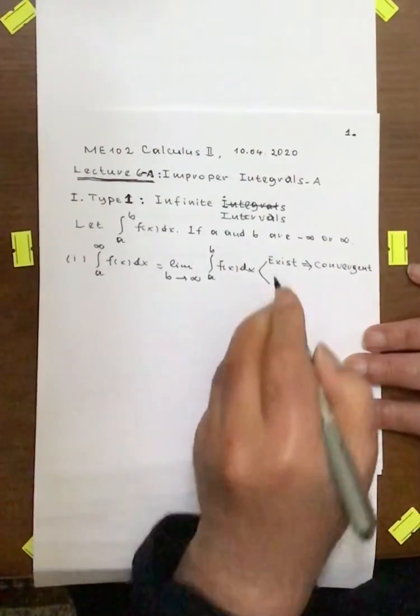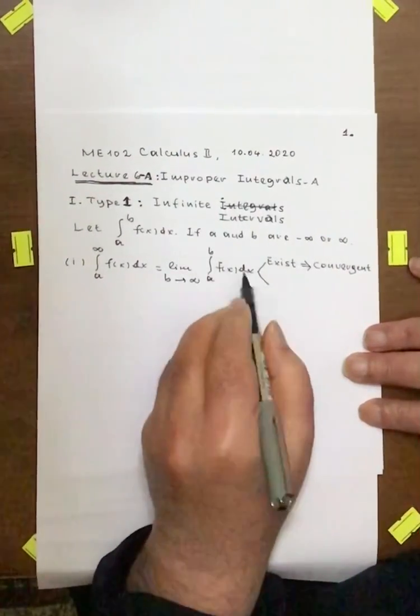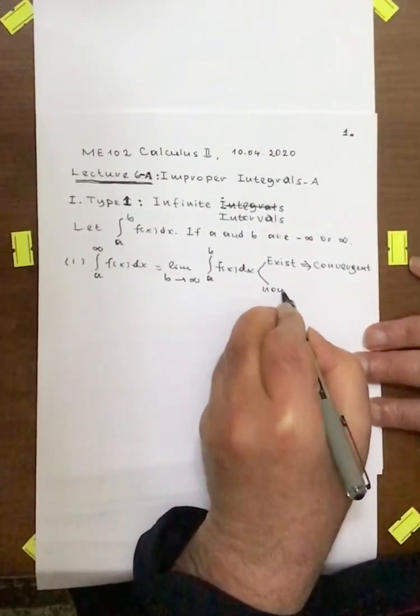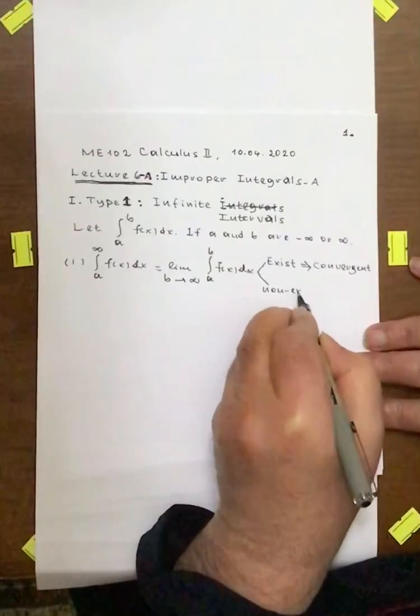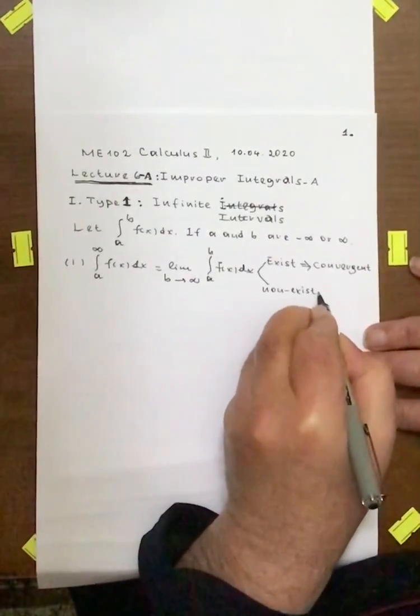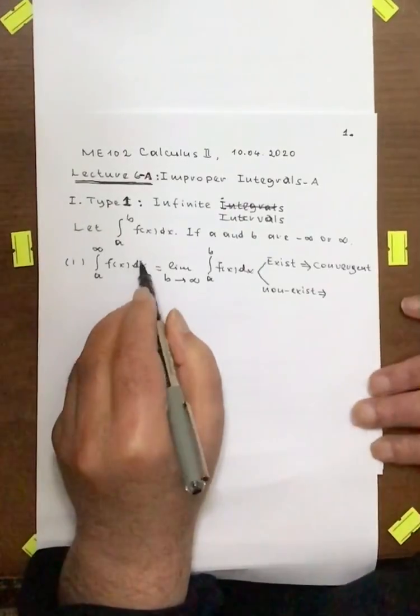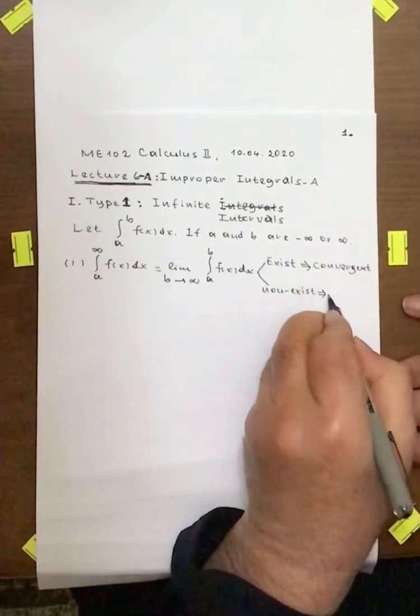Convergent, okay? If this limit does not exist, at that time we call this given integral divergent.